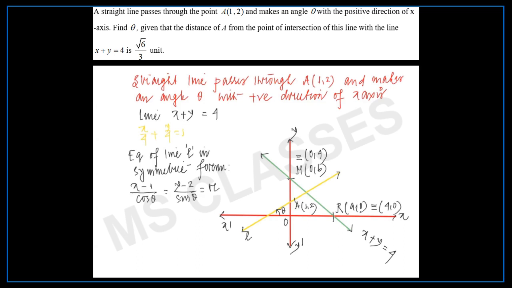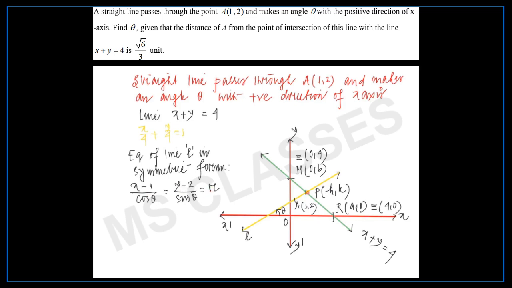R is the distance. For example, I want to find this point of intersection, which I name as P. So the point P is (h, k). Now when I replace x by h and y by k, this distance is given as root 6 by 3.